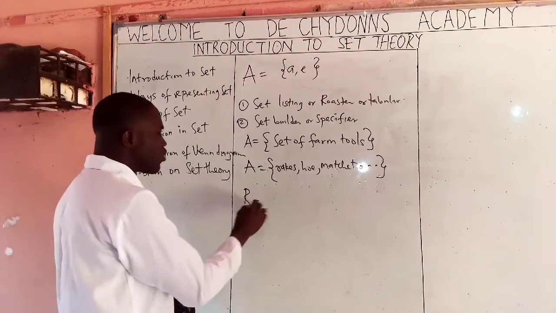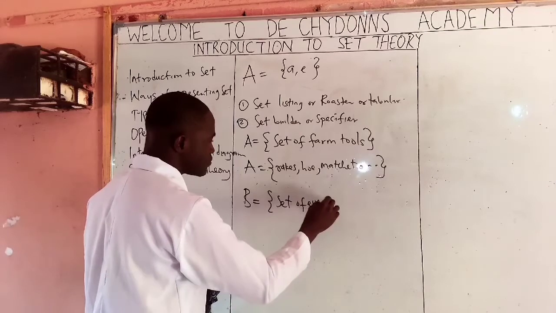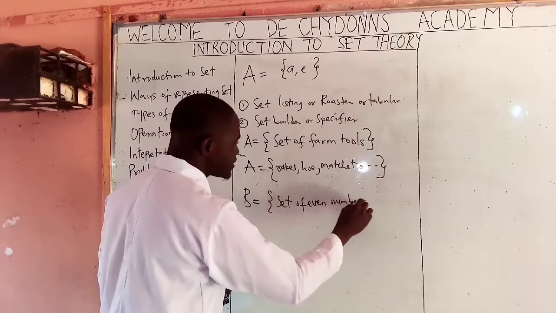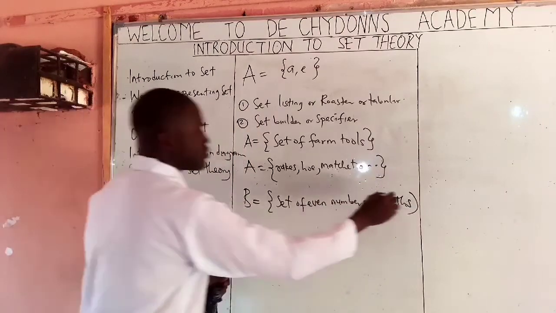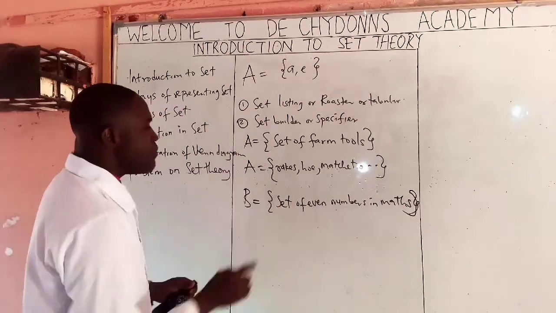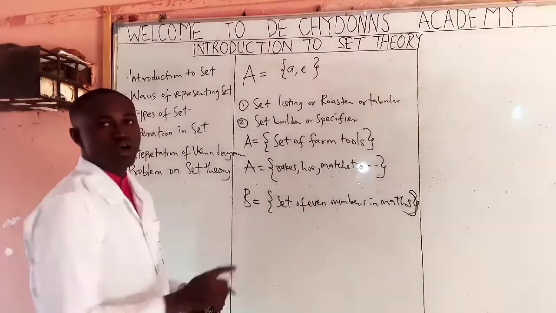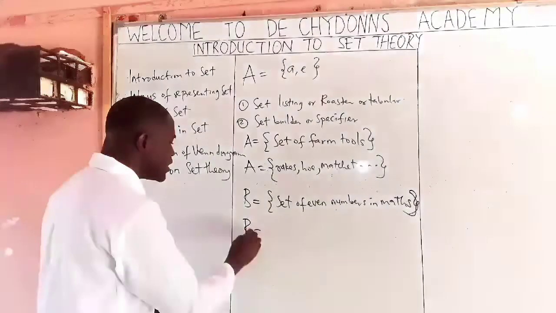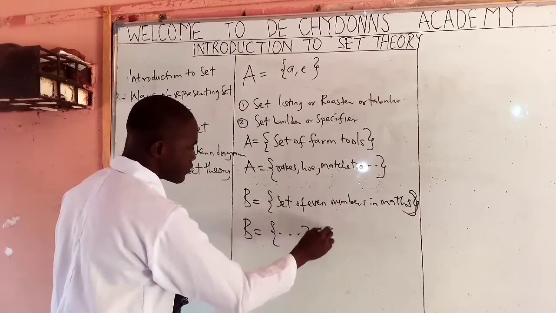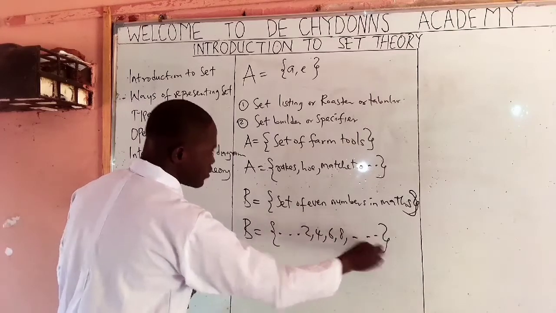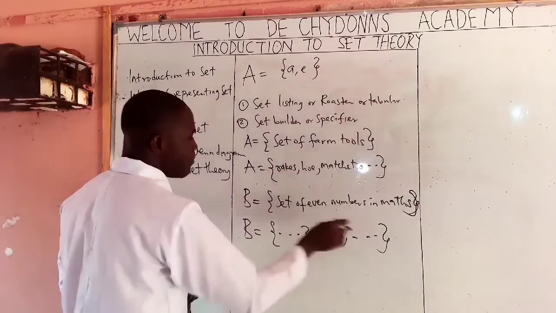When they say set B is equal to the set of even numbers in mathematics, that means this is the set builder or specifier method. But when you list out the elements of it, this means the set listing, roster, or tabular method.